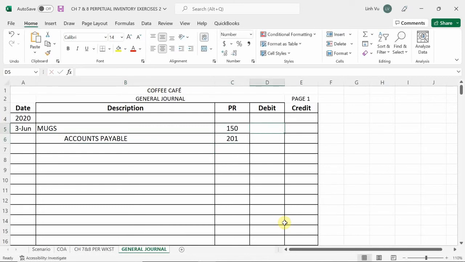We purchased 1,000 mugs at $3.65 each, plus $100 worth of freight. So how much is your total mugs? $3,750.